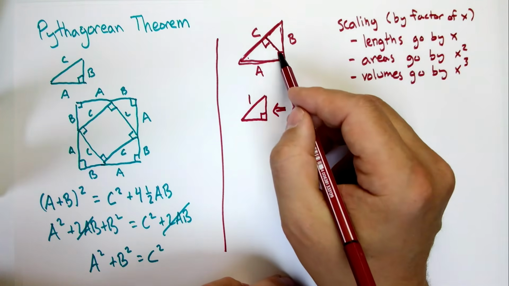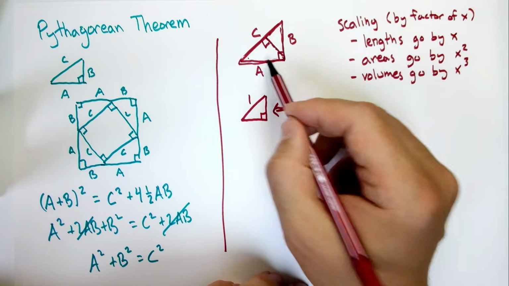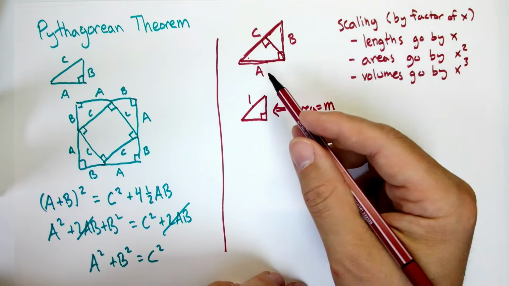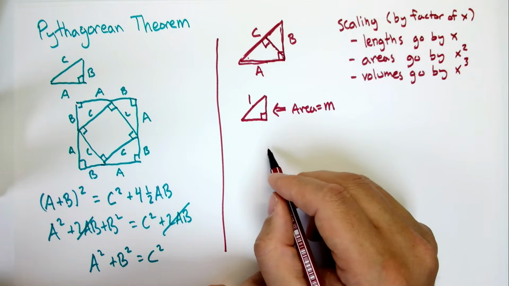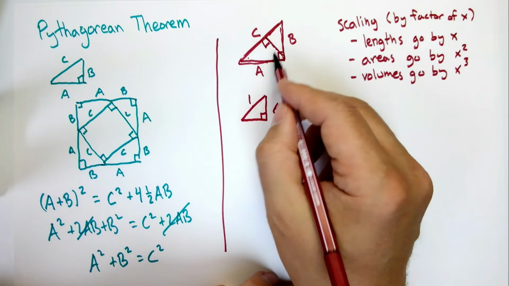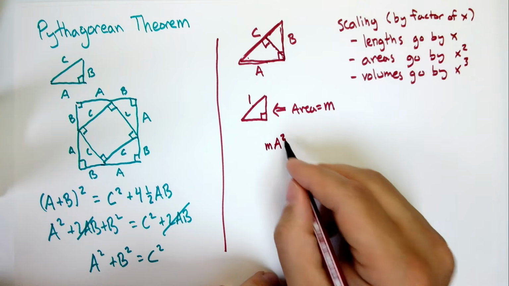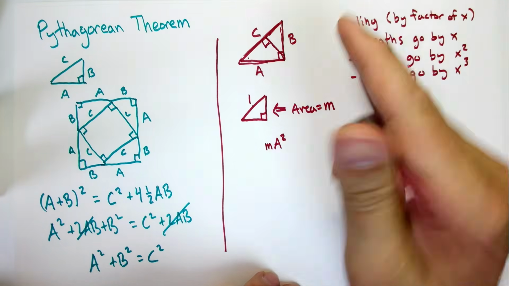So these two small triangles are actually similar to the original triangle. So let's figure out the areas. So this one right here, that's the hypotenuse of A. So to scale 1 to get to A, I scale up by a factor A. So in other words, x equals A. So this small piece of area here is MA squared, because I multiply the area by how much I go up by.